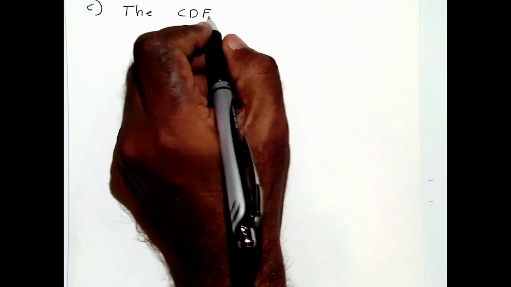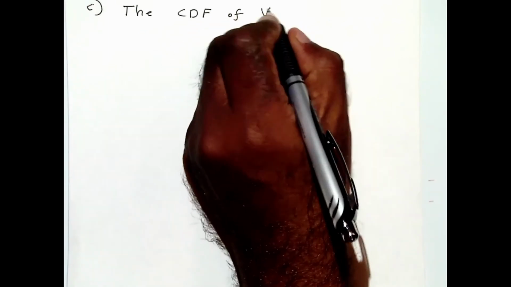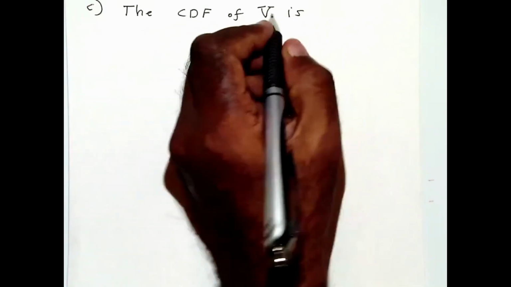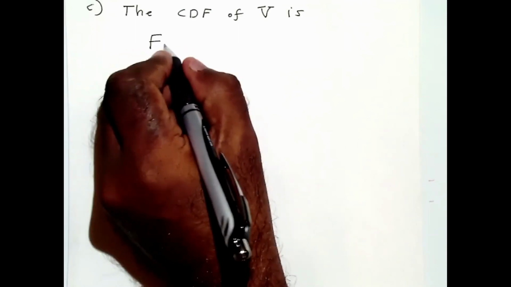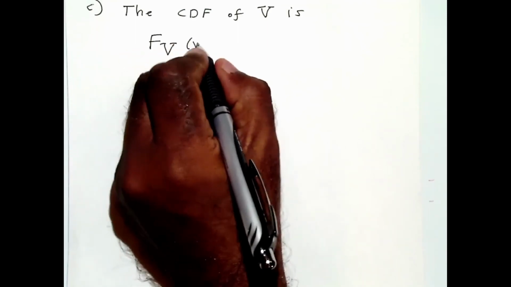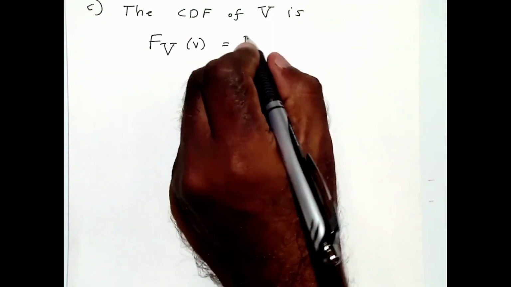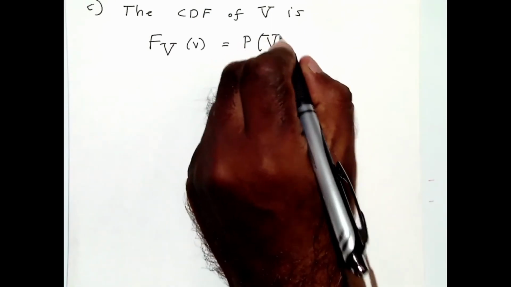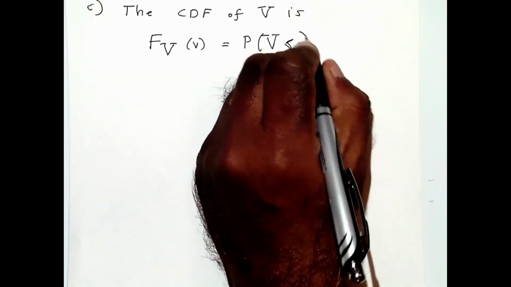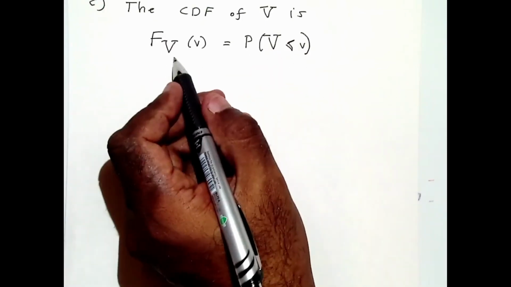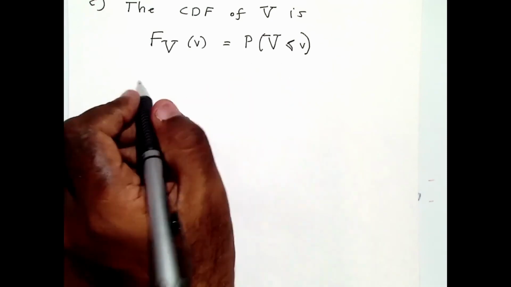And finally the variable V. Okay, this is the notation, and this follows by the definition.